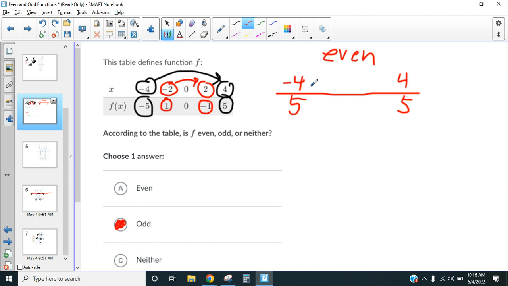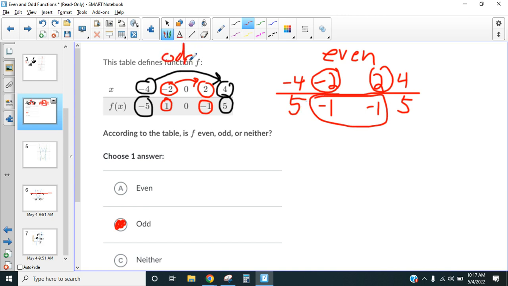They'd have the same y coordinates. If I plug in -2 and let's say I got -1, what would be the solution for 2? It'd be still -1, right? They have to match up. This would be an example of an even table. All the y's would be the same when you compare their opposites. They have to match exactly.